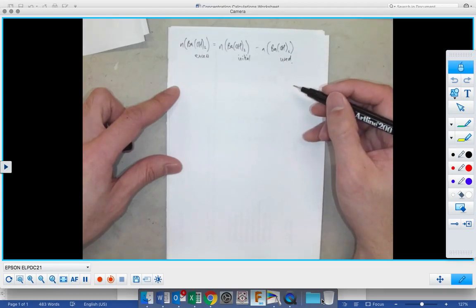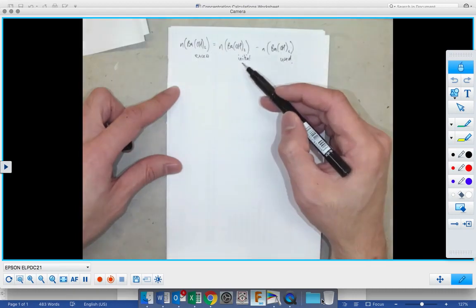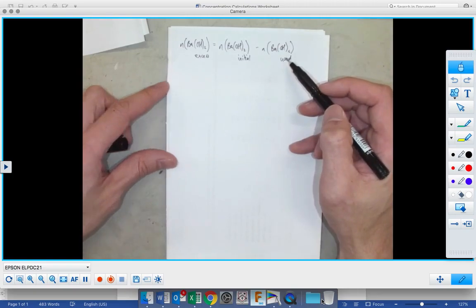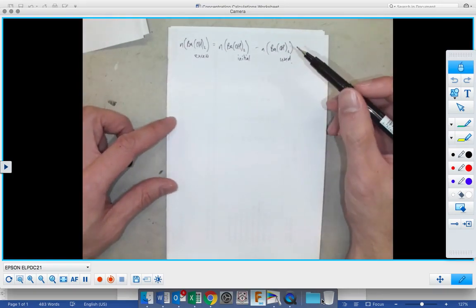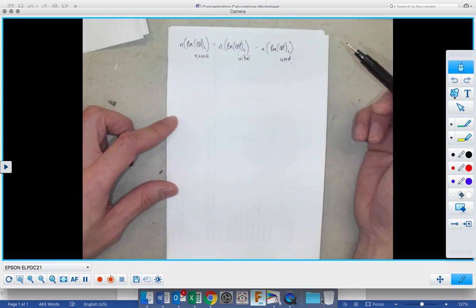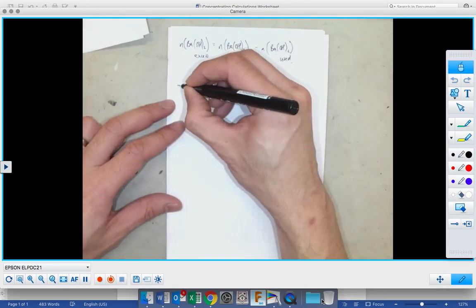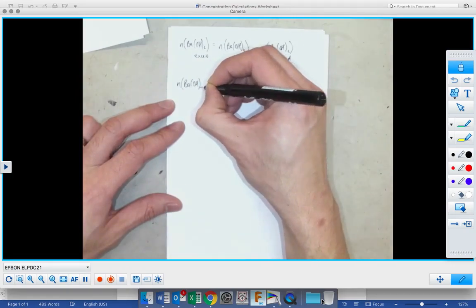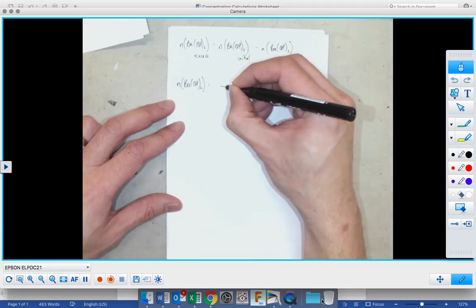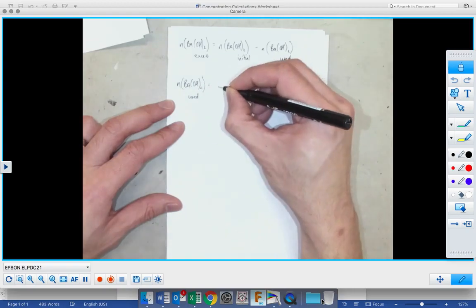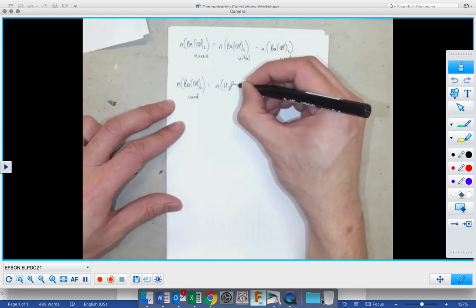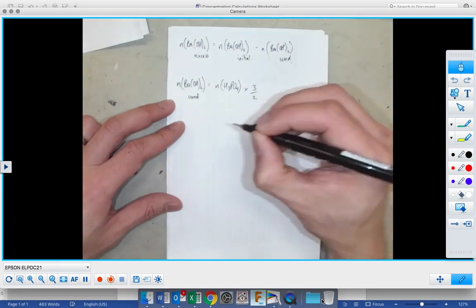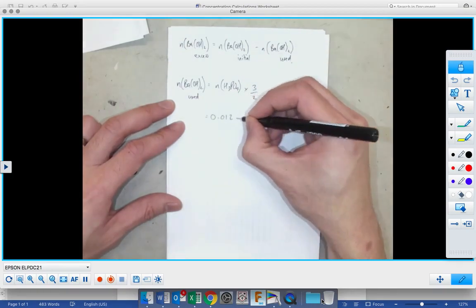Now, which one are we looking for, this one? Do we have the initial? Yes, we do. Do we have the number of barium hydroxide used? We may have, but just in case we worked out the limiting reagent with the phosphoric acid, we're going to do it again. The number of moles of Ba(OH)2 used will be equal to the number of moles of the H3PO4, which is the limiting reagent, times 3 on 2, which happens to be 0.012 moles.